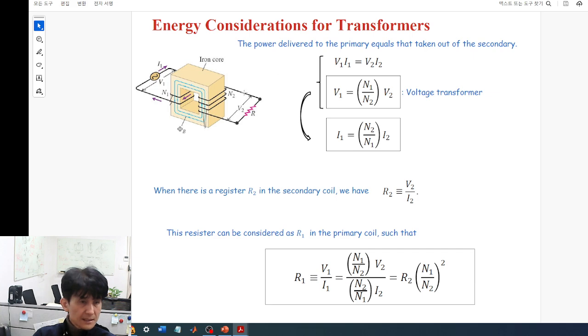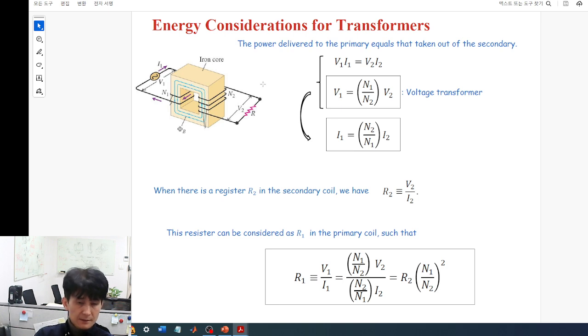So if there is a resistor at the secondary coil, then R2 is V2 over I2, because of Ohm's law, V is equal to IR.